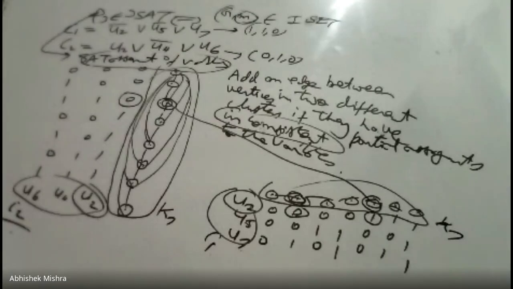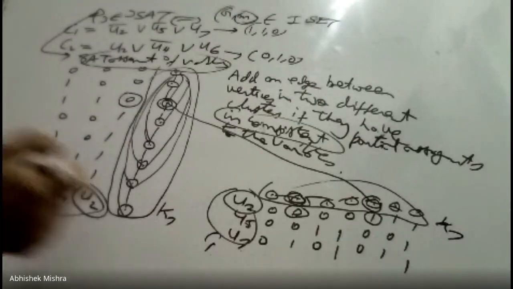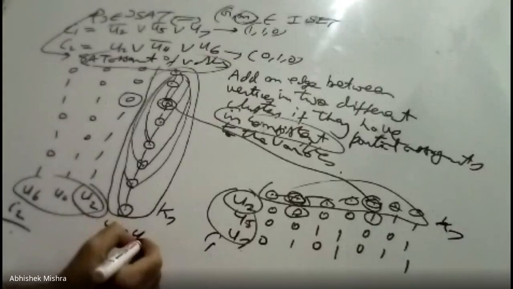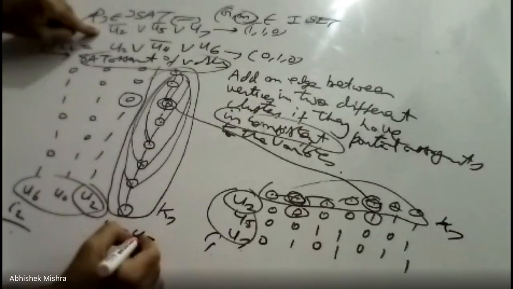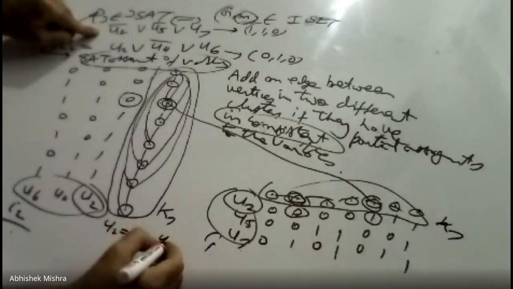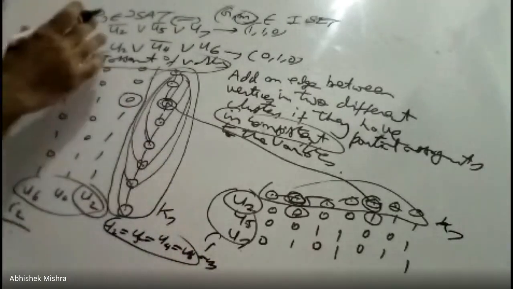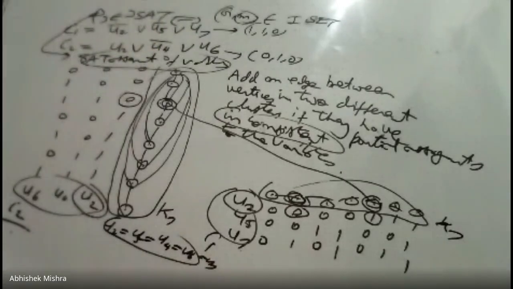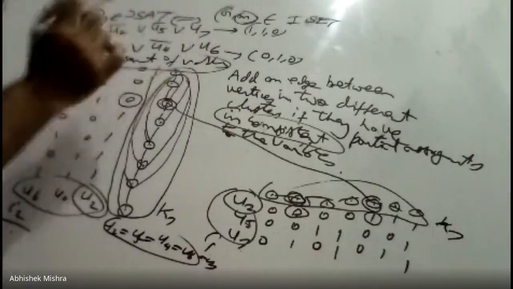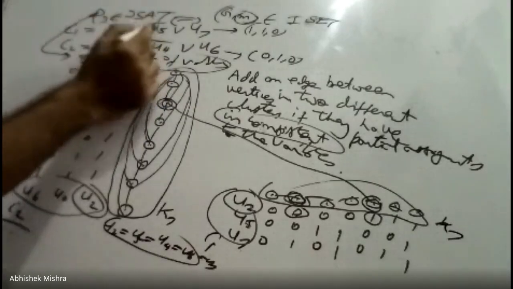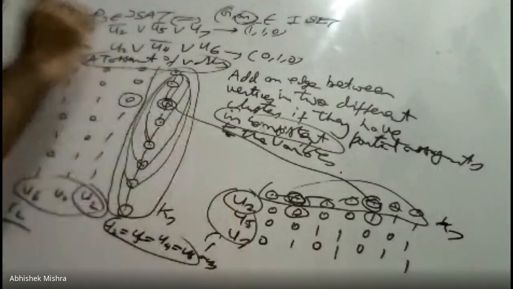For example, suppose we have variables u2, u5, u4, u6, u7, and all variables take value 0, and there are only the two clauses C1 and C2. You can easily see that all zeros satisfies them: C1 will be 1, and C2 will also be 1 because of these negations. So this formula is satisfiable.